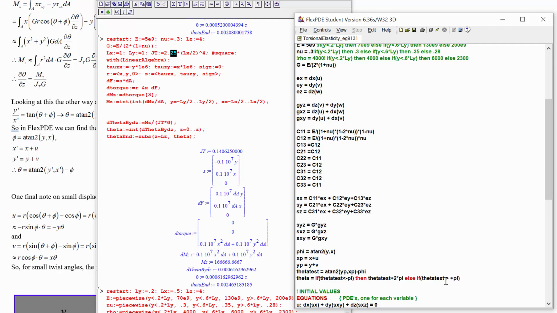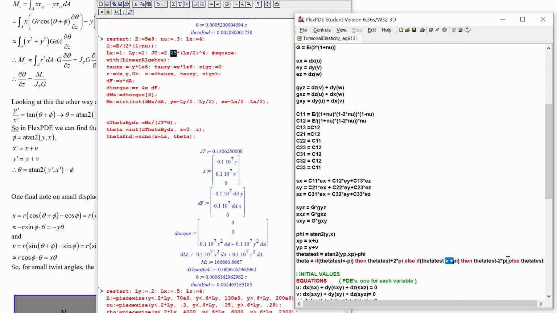So we have something that's more than 2 pi in the other direction. Then let's subtract off 2 pi, then theta test minus 2 times pi. Else, if it's not less than negative pi or greater than pi, we'll just use the test one. So then it was working out perfectly. So this should be scaling things by 2 pi or pi, depending on whether we ended up with something that was more than negative pi in one direction or greater than positive pi in the other direction.